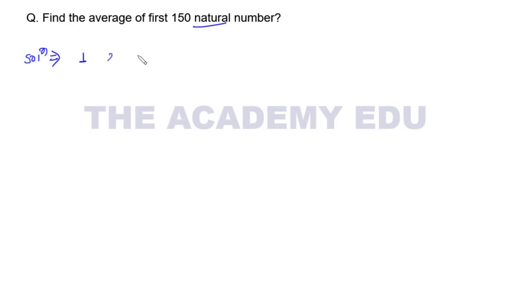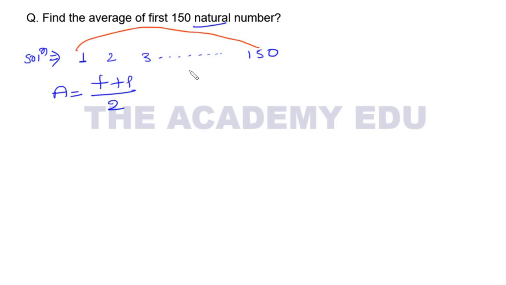Next number 2, next number 3, and so on up to 150. I need to find the average of this. I told you the average is always first number plus last number upon 2 in the case of consecutive numbers. So what is my answer? 150 plus 1, the first number is 1, last number is 150, upon 2.